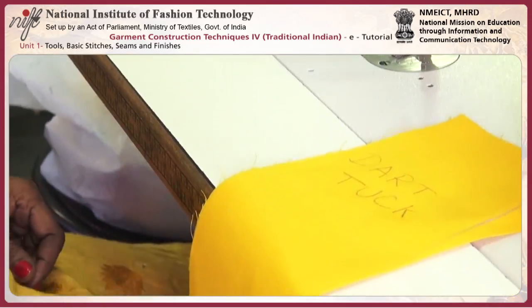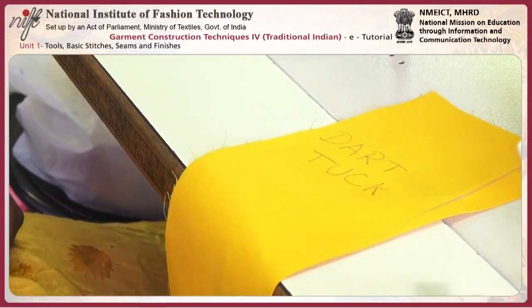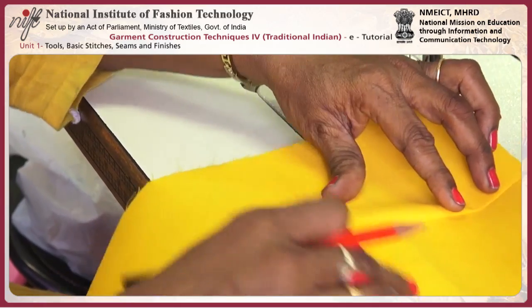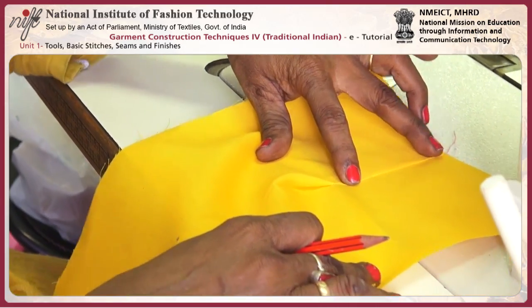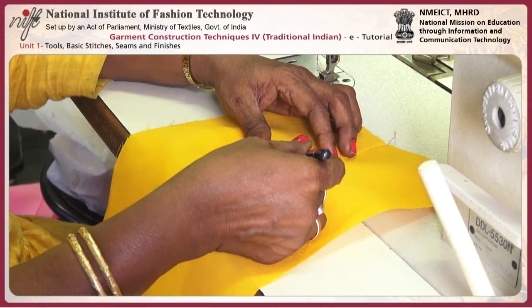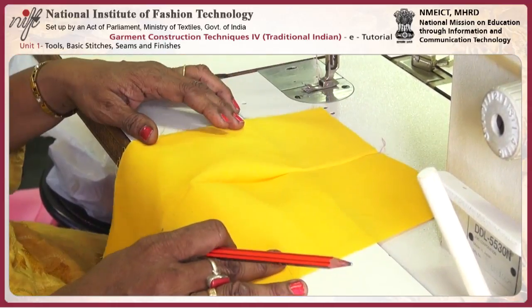This is called a dot tuck. It will be fitted and stitched to some extent, then there will be a pleat that looks decorative.